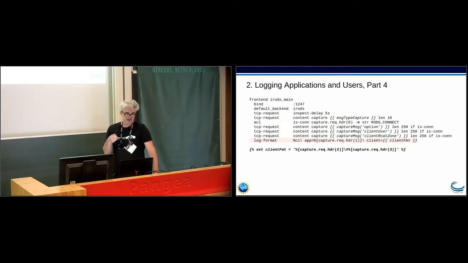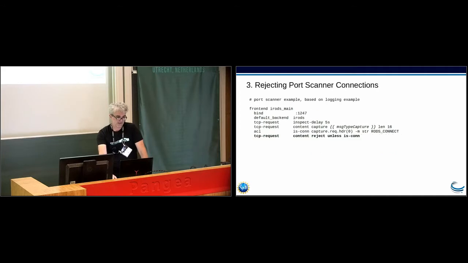So we're going to log client IP address, application name, and the client user in the standard iRODS form, username, pound, zone name. So that shows you the meat of extracting the information from the iRODS connection header.